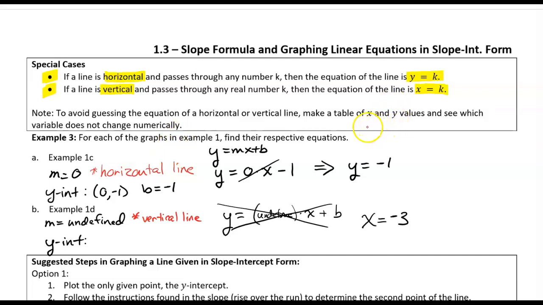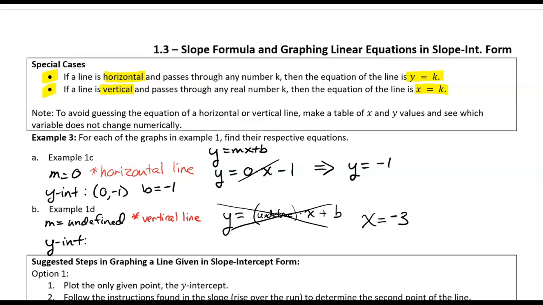This is basically telling us the y value is stuck at -1. If you look at the graph, all the ordered pairs that we could possibly pick here are all going to have a y value of -1.